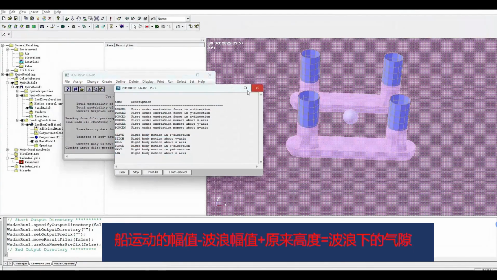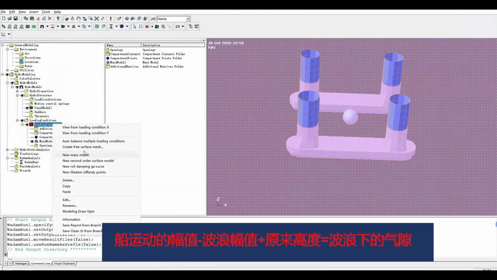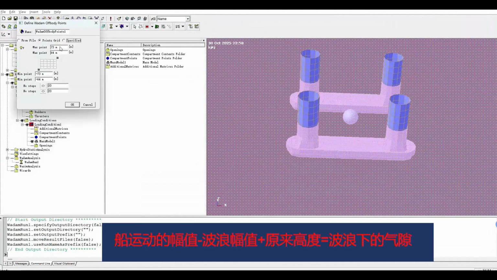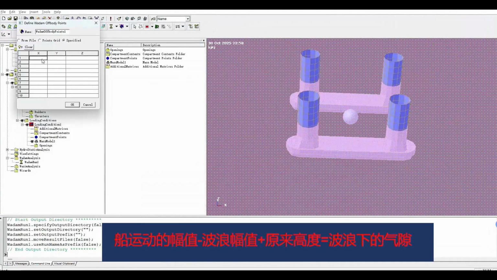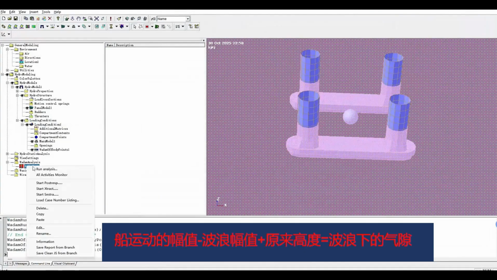Alright, let's close this. Next, let's set one here. For example, set it to 0, 0, 0. Alright, let's click OK. After setting it up, we run it again.